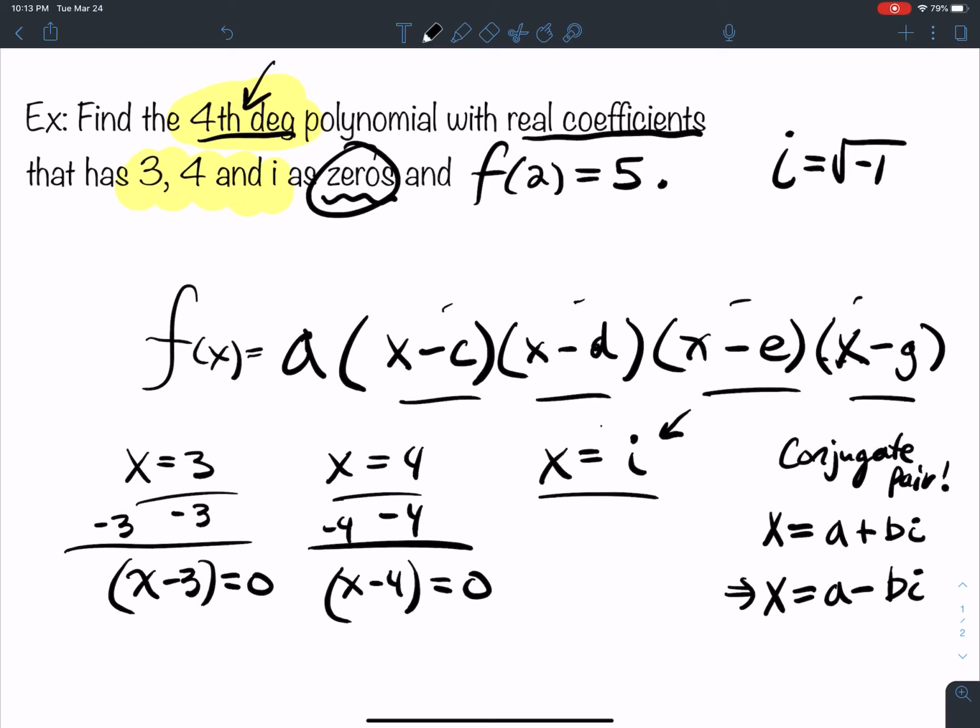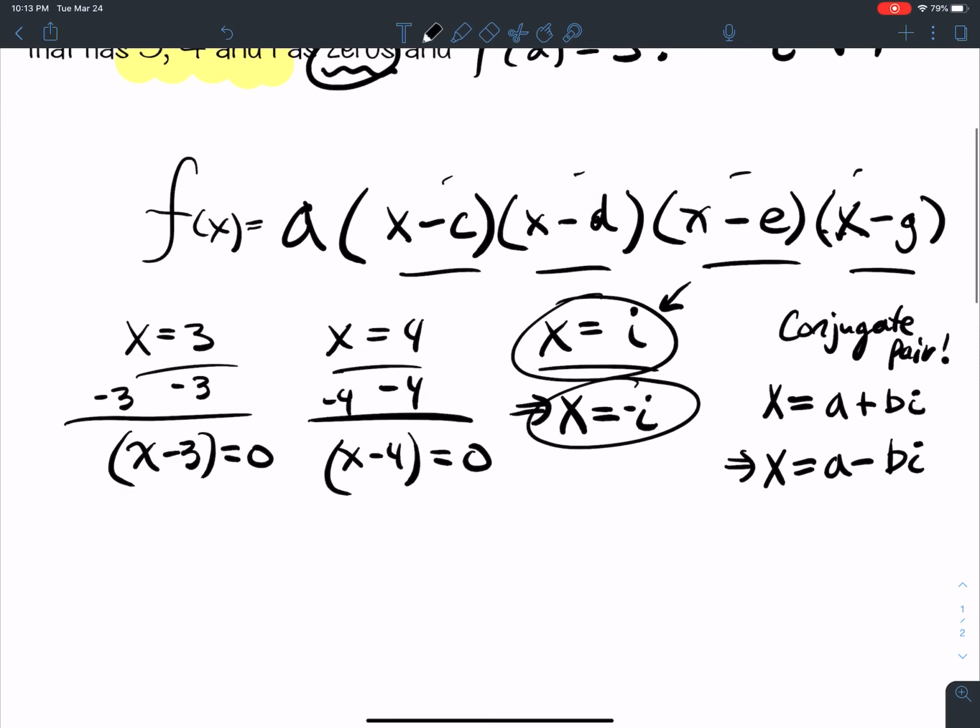So right here I'm told that x is equal to i. That means that I also must have x equals negative i. So I have an x equals i and an x equals negative i. That's that conjugate pair. One is a positive and one is a negative.